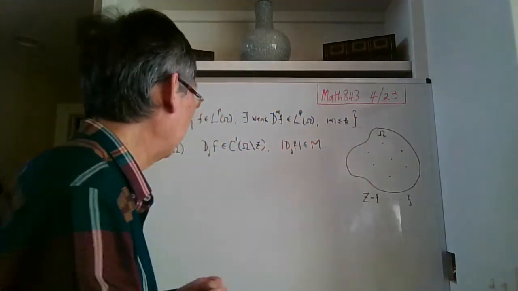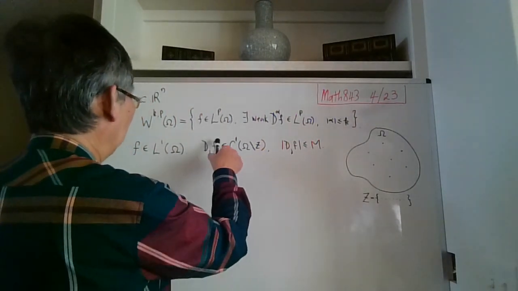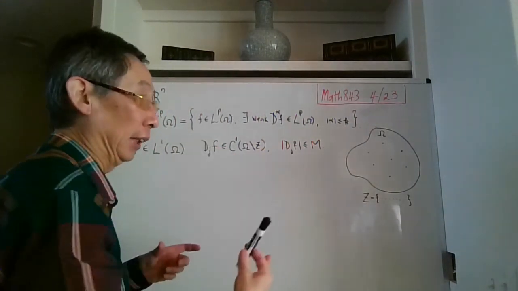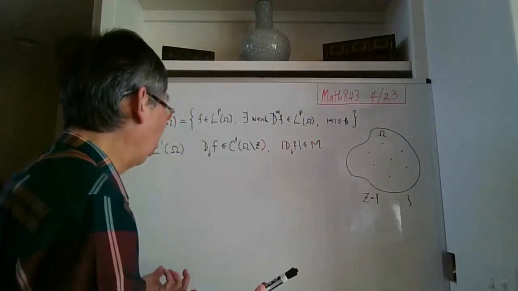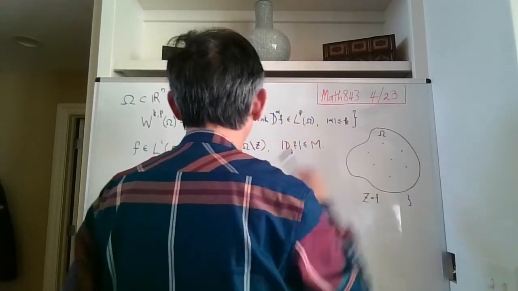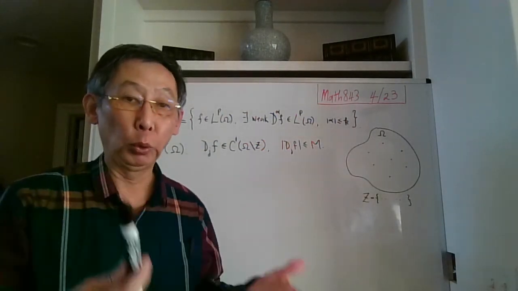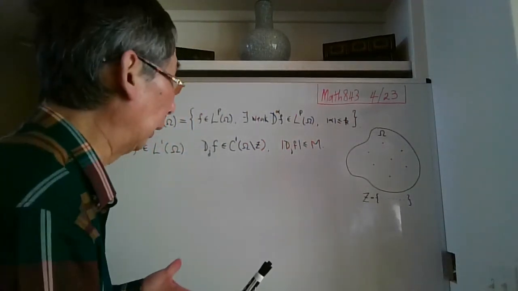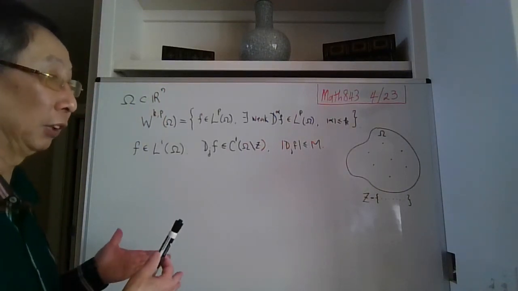Now the question here is, you can see that on the entire domain our function D_j f does not exist as a derivative on the entire domain. However, it exists on those points which do not belong to Z. Now the question is whether the function is differentiable in the weak sense. In the one-dimensional case, we saw an example before, and in that case the function is differentiable.